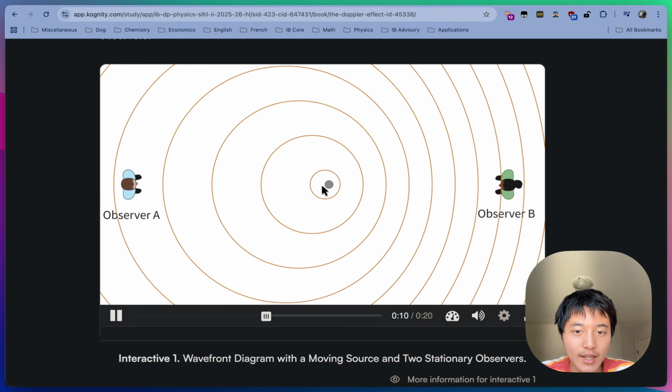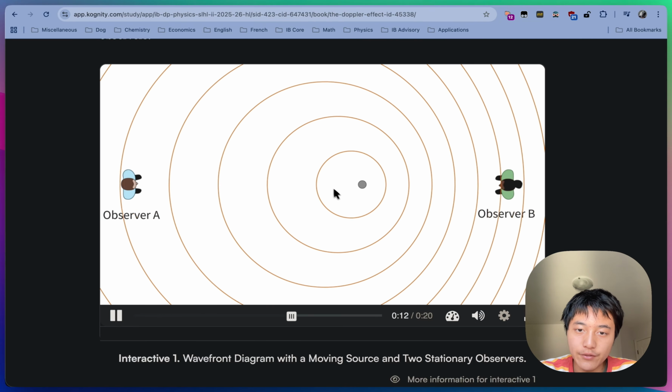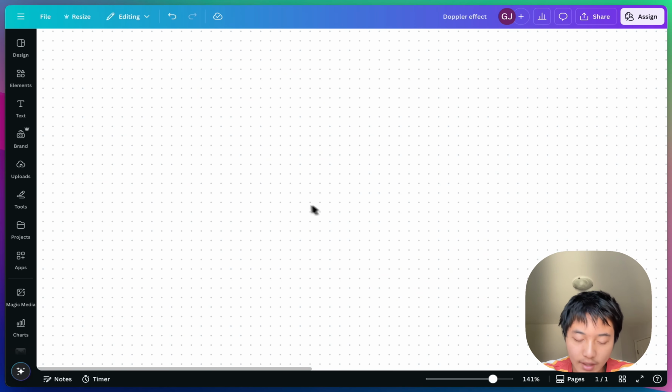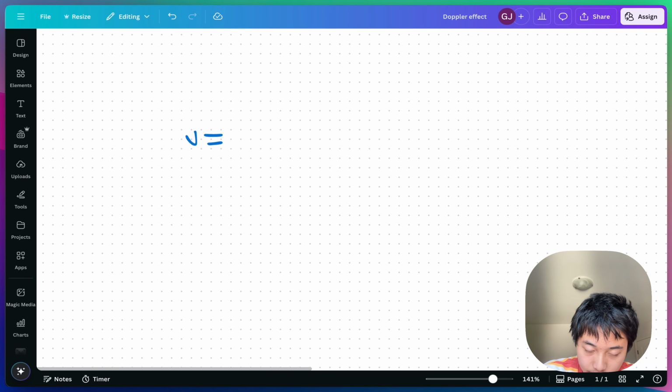And this just intuitively makes sense when you see this illustration. The cool thing is, if this is a sound wave, we know that this formula exists: V = f lambda. V is the velocity of the wave, f is the frequency of the wave, and lambda is the wavelength of the wave.